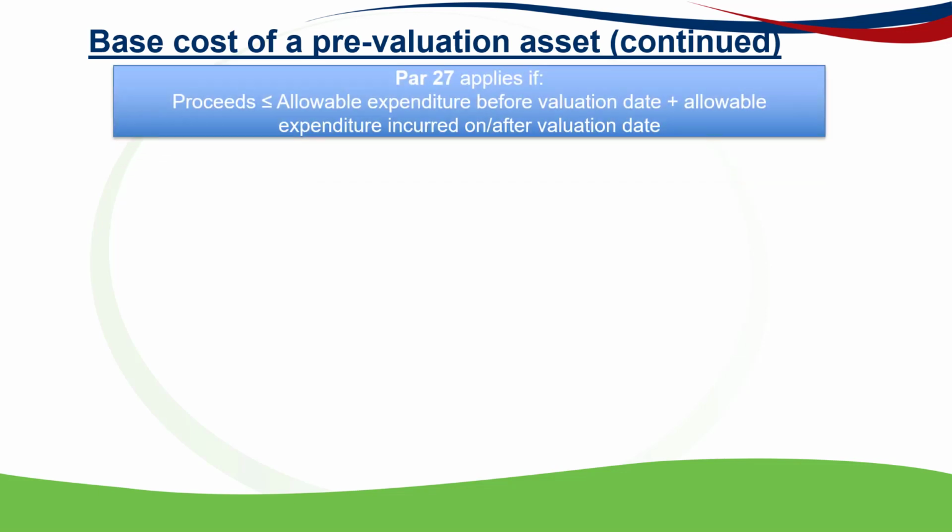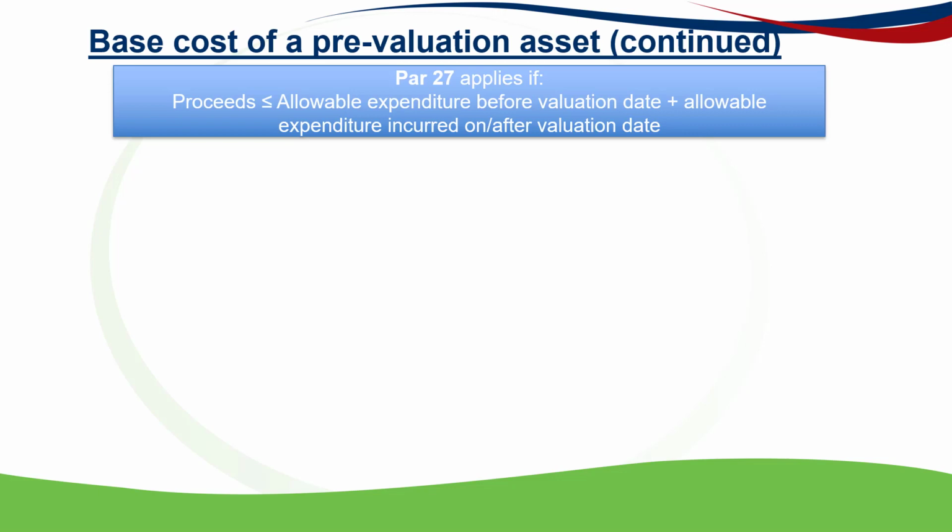Paragraph 27 now applies where the proceeds on disposal of a pre-valuation date asset do not exceed the sum of allowable expenditure incurred before valuation, as well as allowable expenditure incurred on or after valuation date. This is a scenario that we refer to as the historical loss situation.